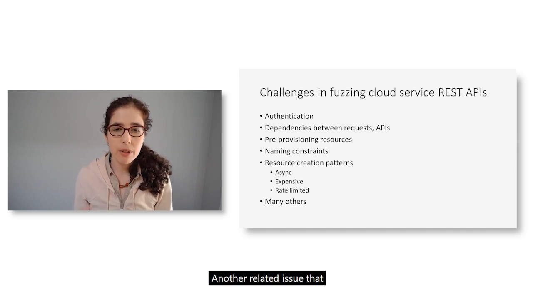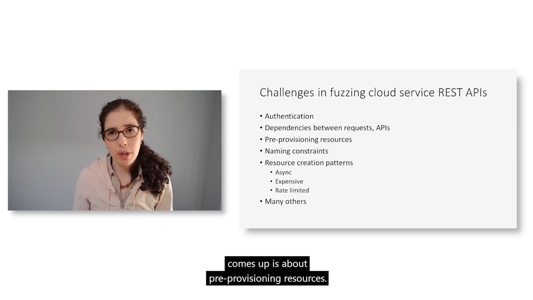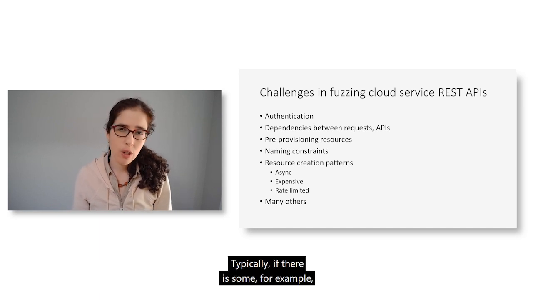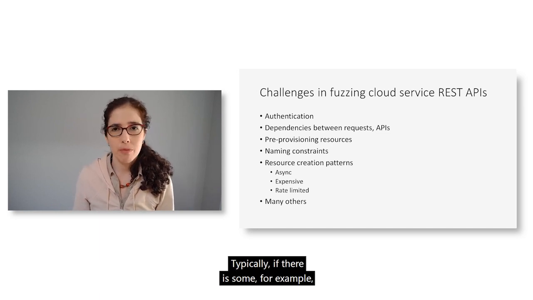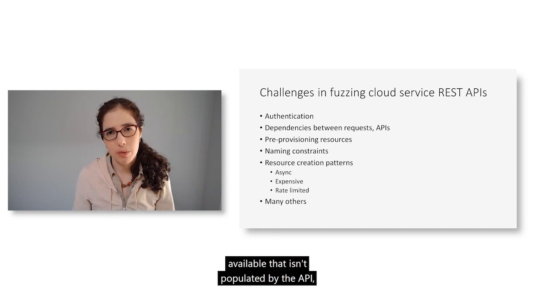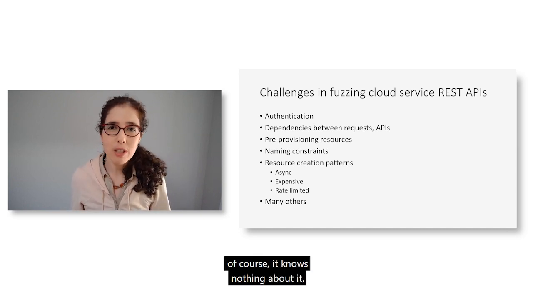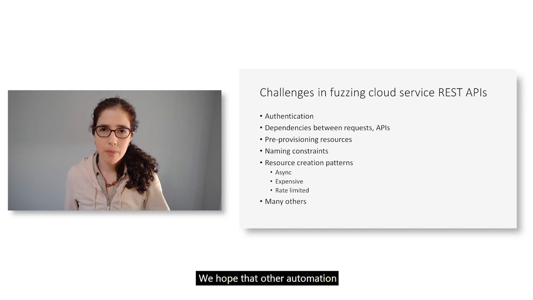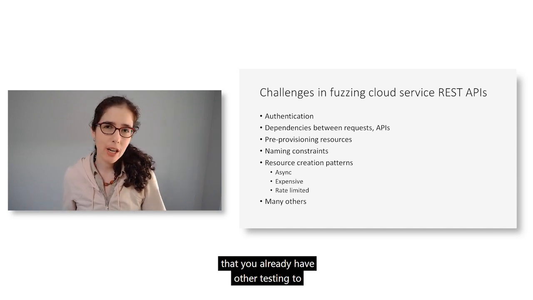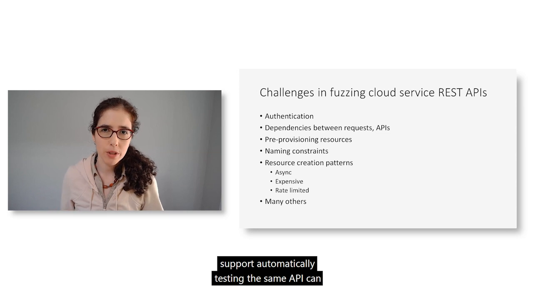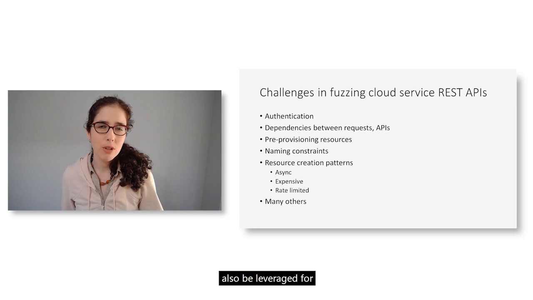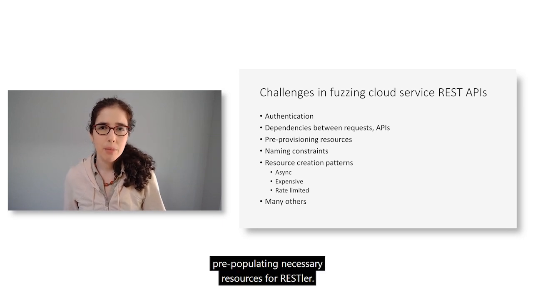And another related issue that comes up is about pre-provisioning resources. So typically, if there is some, for example, database that you expect to be available that isn't populated by the API, that will be an issue for RESTler, of course. It knows nothing about it. We hope that other automation that you already have, other testing to support automatically testing the same API can also be leveraged for pre-populating necessary resources for RESTler.